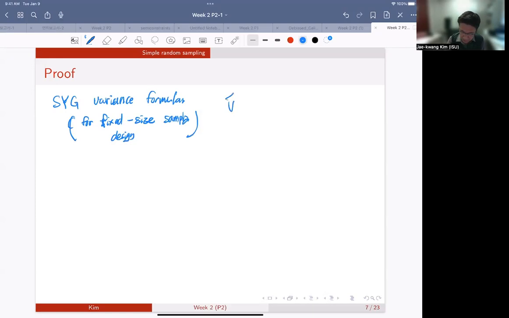So that is actually the variance of Sen h Grandi, equal to minus 1 over 2, and then a double summation of delta ij.